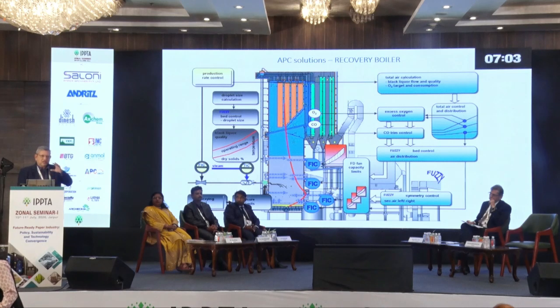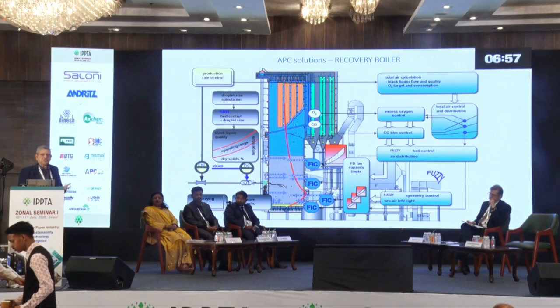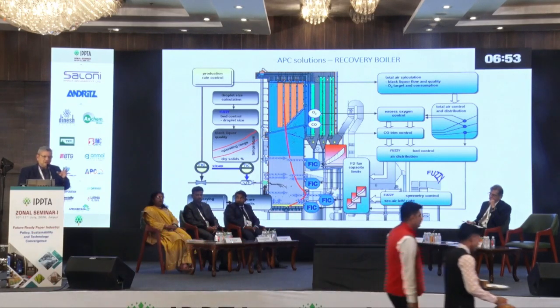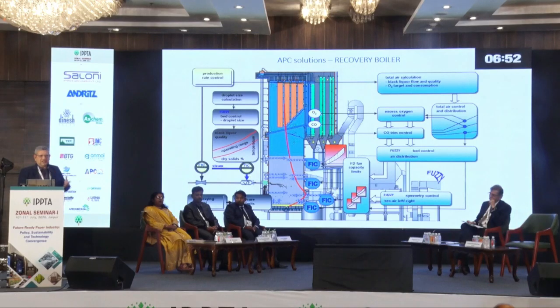So to have a reasonably organized way of operation, which is to enhance the efficiency from a steam generation point of view, and then how you optimize the liquor from the reduction efficiency point of view. So these two things, top and bottom, are there only in the recovery boiler.